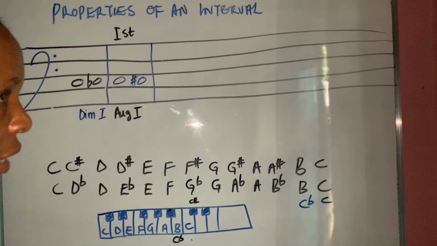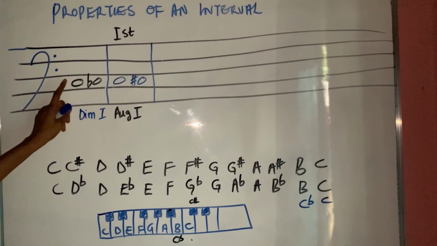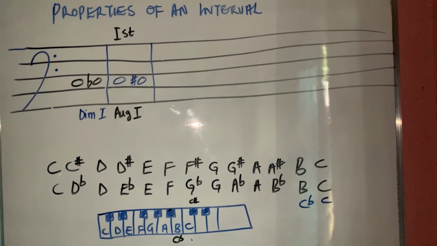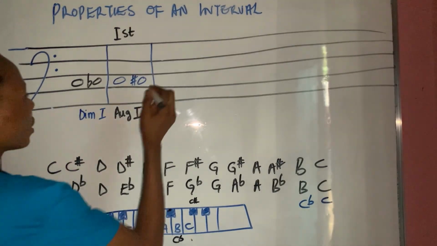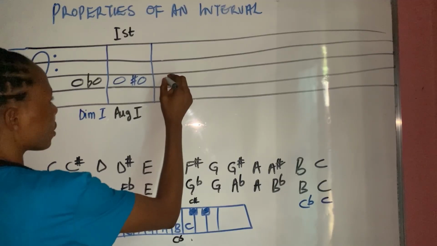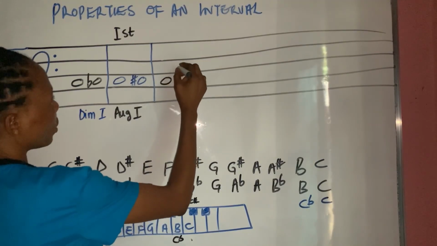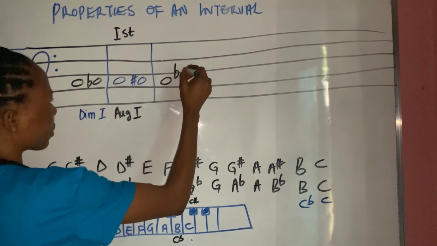That's why it's called like that. This one also involves a semitone backward. Now C to D, which had 2 semitones, was called major second. Now let's see what C to D flat will be called.